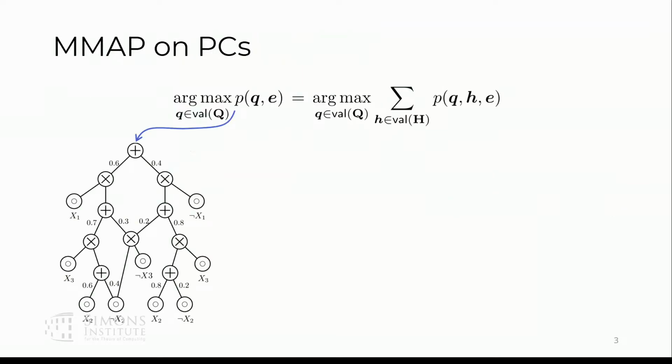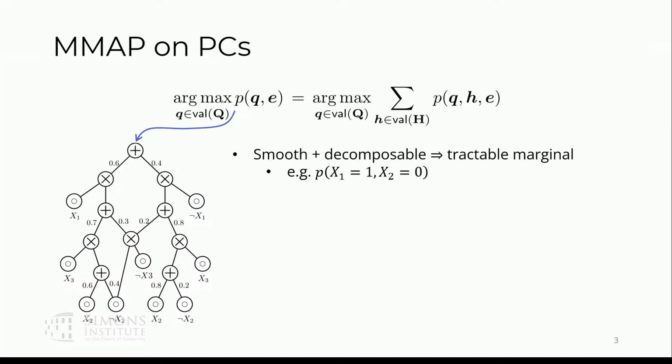So now let's consider the case where our distribution P is given as a probabilistic circuit. I'm sure this is boring for you at this point, but just to make sure we're all on the same page: if the circuit is smooth and decomposable, we know that we can compute marginal probabilities in linear time just by feed-forward evaluation, and we can compute marginals for any arbitrary partial assignments to arbitrary subsets of the variables.